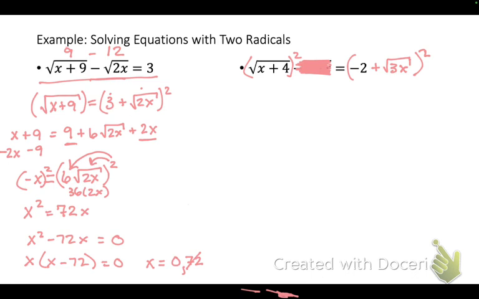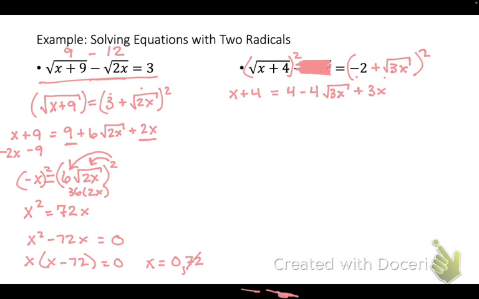So on the left I get x plus 4 equals, well, it'd be positive 4. And then it'd be -2 and -2, so it'd be -4 square root of 3x, and then plus 3x.